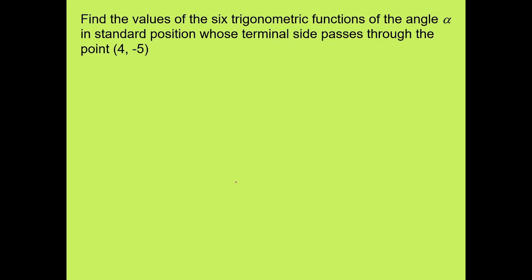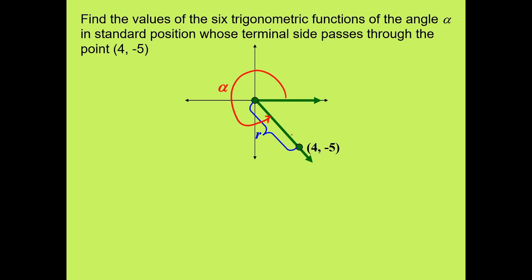So let's find the values of the six trigonometric functions of the angle alpha in standard position whose terminal side passes through the point 4, negative 5. So the point 4, negative 5 is in quadrant number 4. That's positive 4 and this is negative 5.